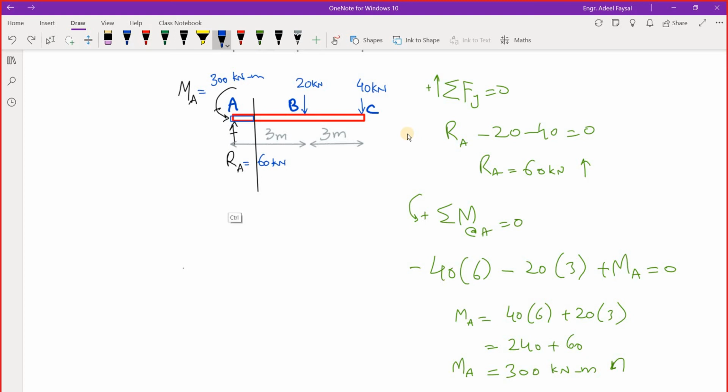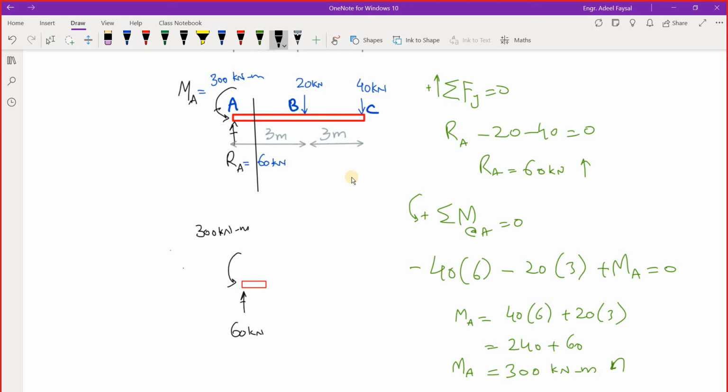So let me draw the left segment. I'm going to draw the free body diagram for the left segment. Now these are the reaction forces, 60 kilonewton, and this is 300 kilonewton meter.